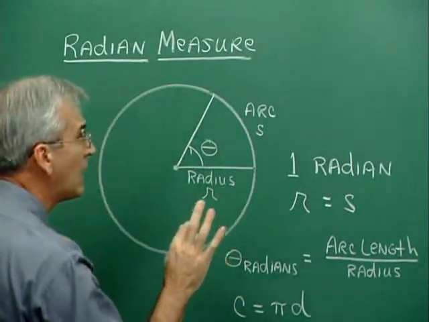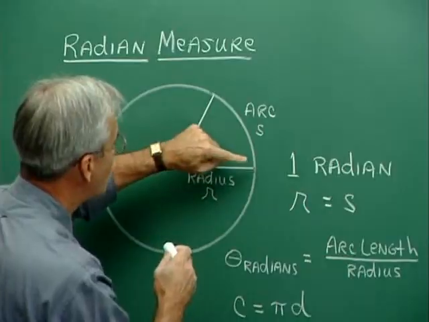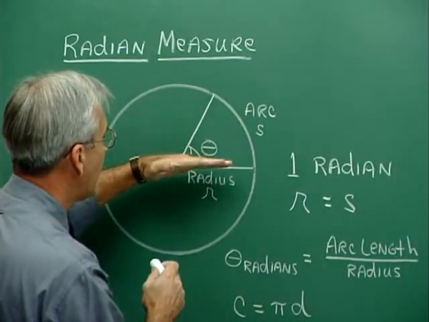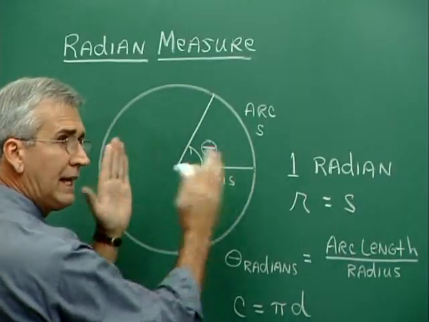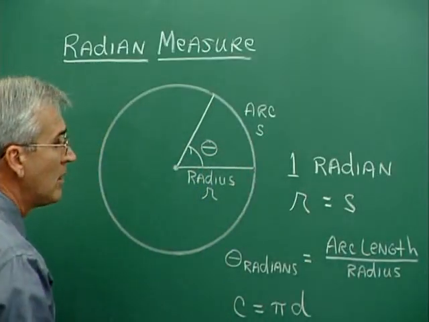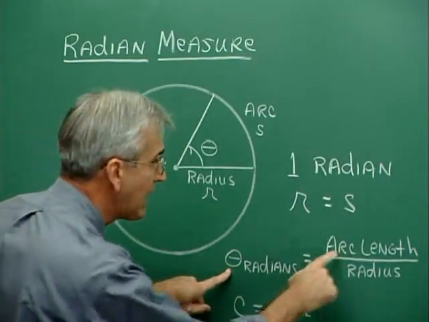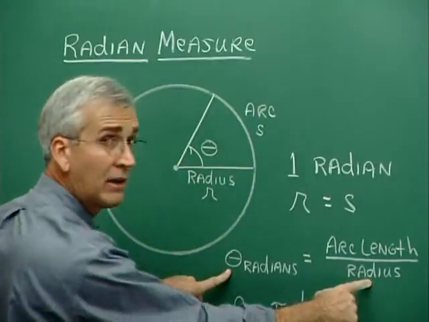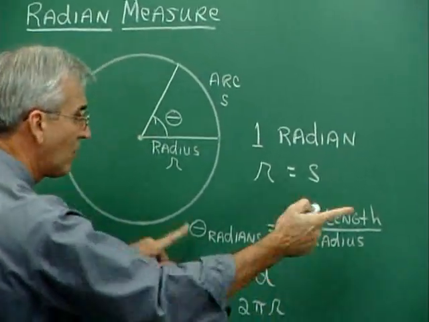A very interesting relationship is formed between a linear measure and an angle opening measure. They're directly related like this, and we're going to explore this idea a great deal in the future. But for right now, let's just understand that theta in radians can be found by taking arc length and dividing by the length of the radius. So we have the number of radians involved here.